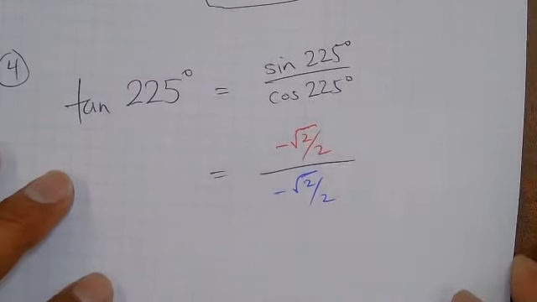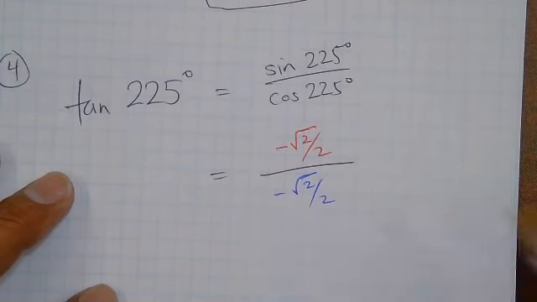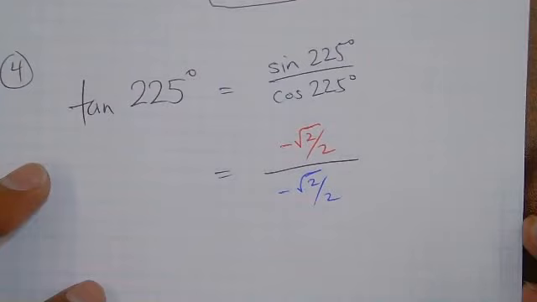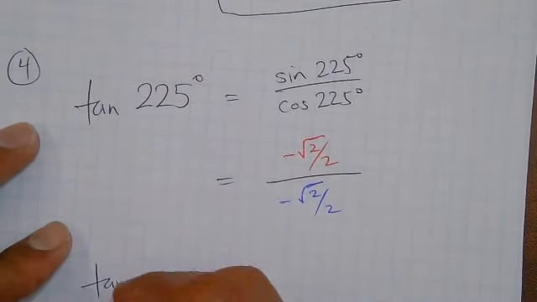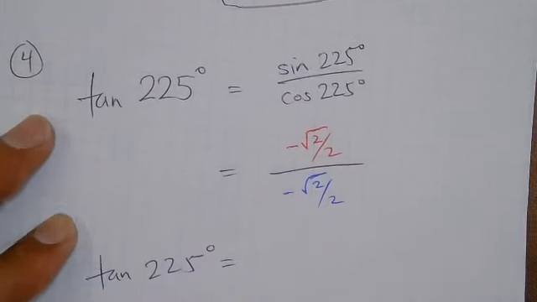Isn't it the same fraction divided by the same exact fraction? The answer is 1. It's like if you have 3/3 or 5/5. And then the negative and the negative will make it positive.